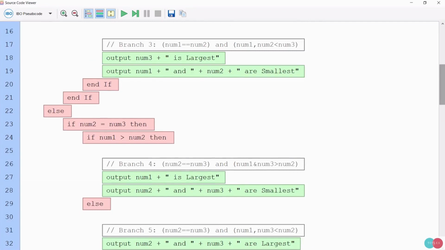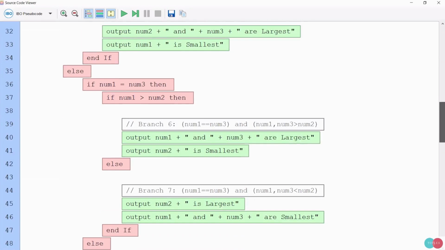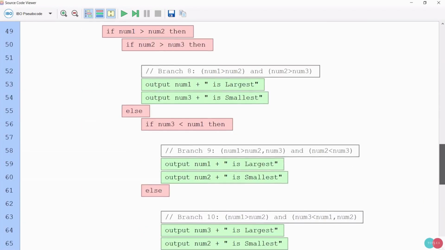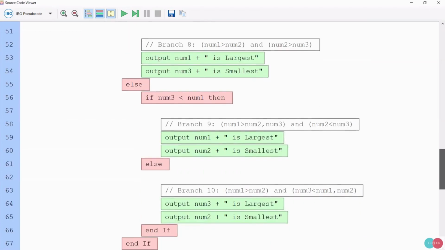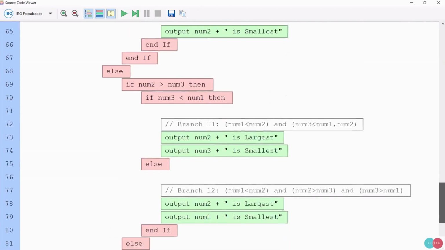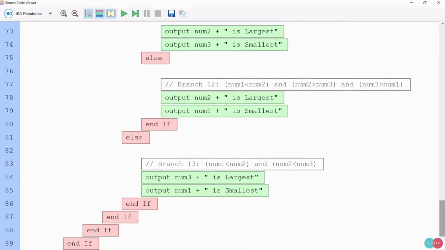Okay, so branch 3, branch 4, branch 5, branch 6, branch 7, branch 8, branch 9, branch 10, branch 11, branch 12 and branch 13. So these are all the possible 13 scenarios and all the 13 branches are explored.